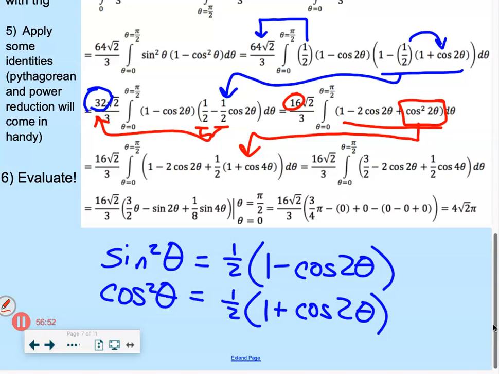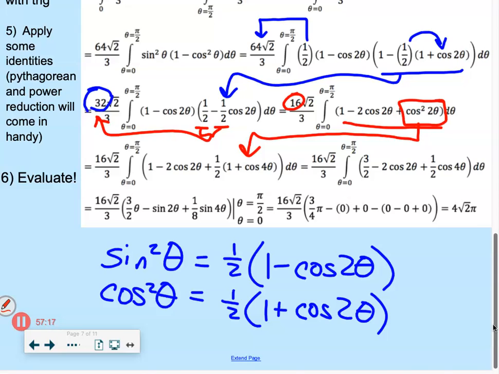The antiderivative of -2 cosine 2 theta. I don't know if you guys remember this. Essentially, when you first learned it, you did a u substitution on it, but then later on we learned that if your input is linear, you can just divide by the slope. So the antiderivative of cosine is sine. So this would be -2 sine 2 theta divided by 2.